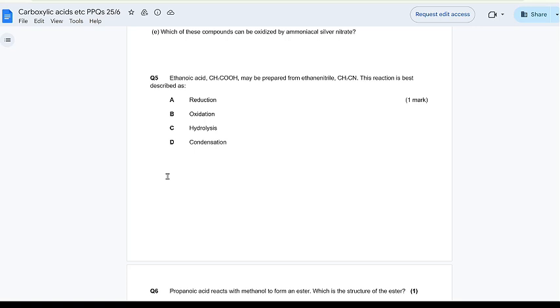So I suppose that means it's a reducing agent, which means the compound is oxidizing it, so it's B, it's an oxidation. Okay, let's check out our answers now.